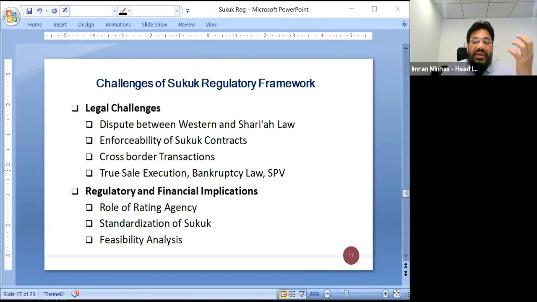The SPV has also an important element for the Sukuk regulation. An SPV is a bankruptcy remote firm, which is independent from the obligor.